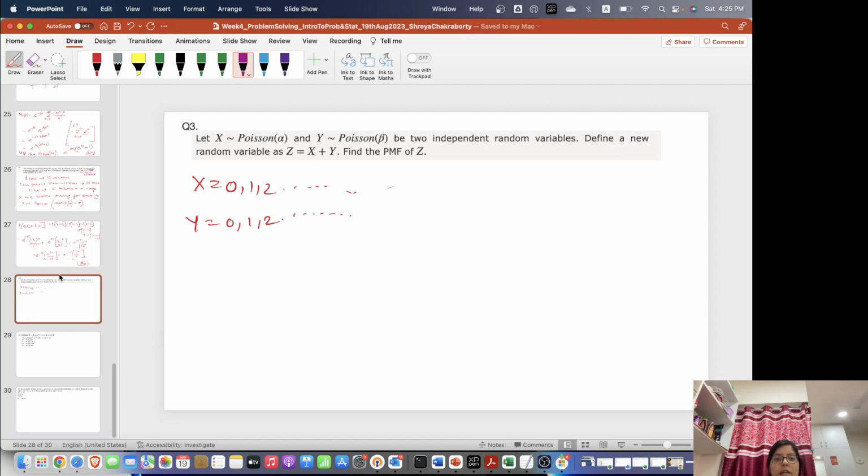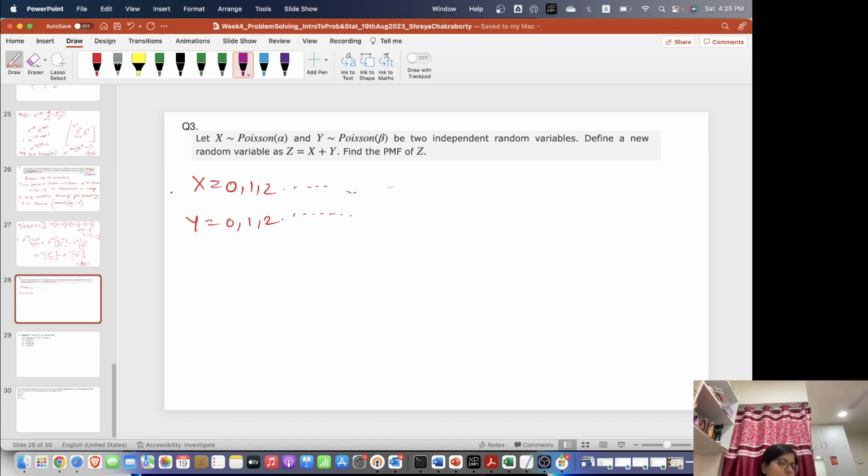So let x be Poisson alpha and y be Poisson beta. Let these two be independent random variables. Now we've defined a new random variable z as x plus y, and we want to find out the PMF of z.